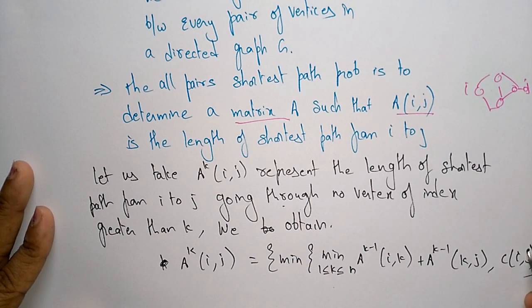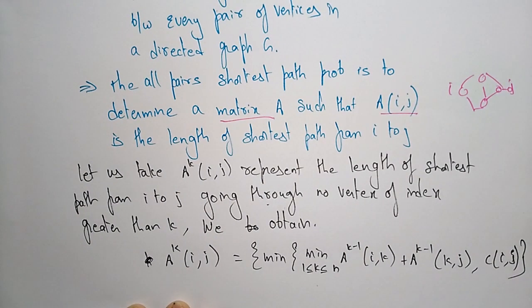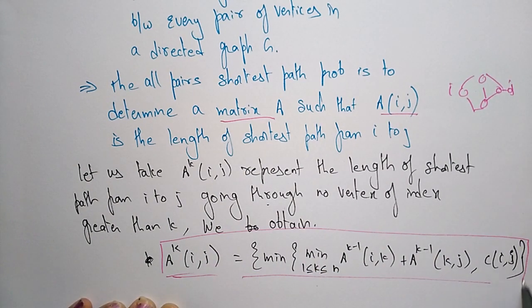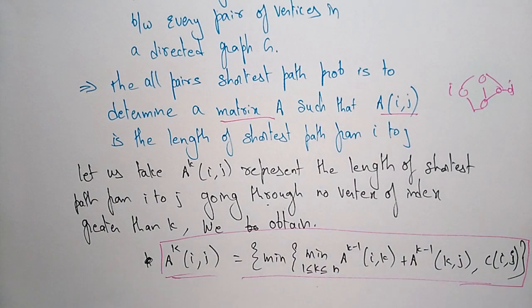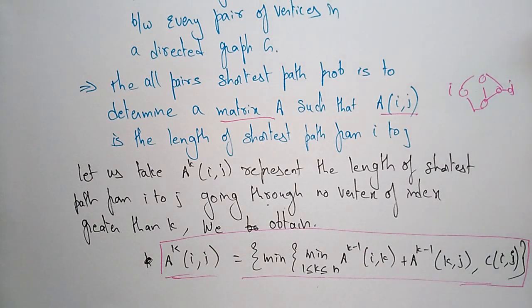So this is the formula to find out the all pairs shortest path problem, a path that is visiting from i to j. So by using this formula we can find out the all pairs shortest path by visiting all the vertices in the graph.